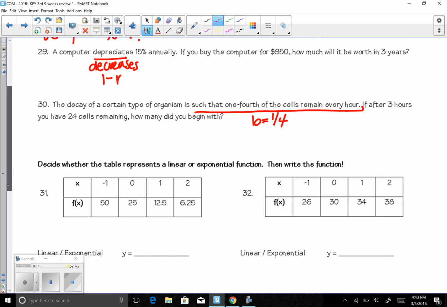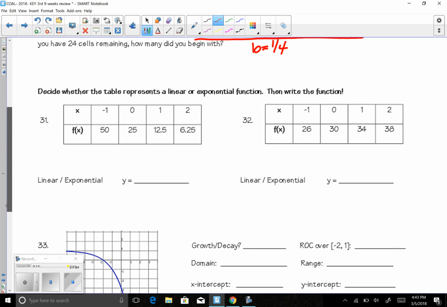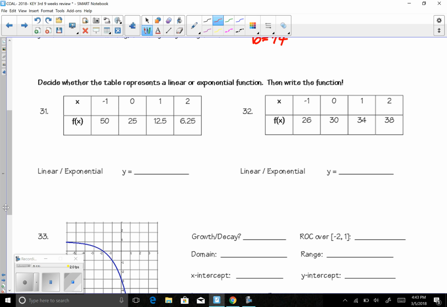All right, so moving on. So we want to figure out, are the tables linear or are they exponential? Linear has a constant rate of change. Exponentials have a variable rate of change, okay? And exponentials, you're multiplying by some number, okay? So like in number 31, if you look, it's kind of easy to see from 50 to 25, that's divided by 2, right?